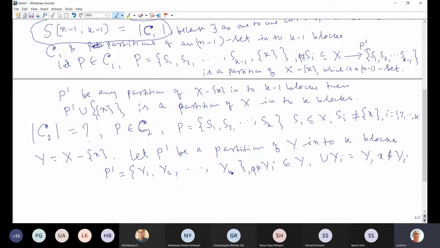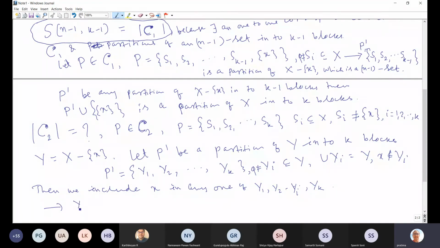Well, and we know that none of these Yi is an empty set, and therefore none of these Yi will be the singleton set X after inclusion of element X. So we include X in any one of these subsets Y1, Y2, up to Yk. Suppose I include it in the ith set.